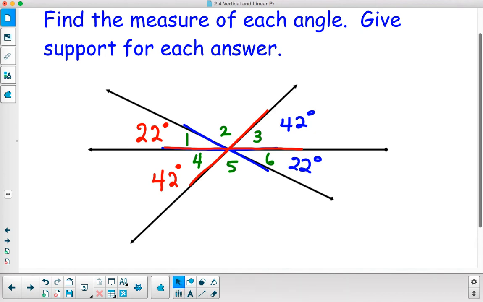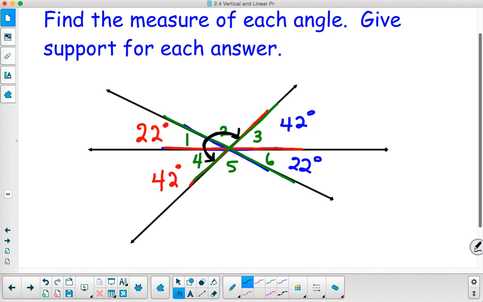Now you might have gotten stuck. But angle 2 and angle 5 are vertical angles. If we figure out one of them, we will know the other one. So how do you get one of them? Okay, if you can mentally block out part of that picture, notice that 4, 1, and 2, all those together come around to a straight line.